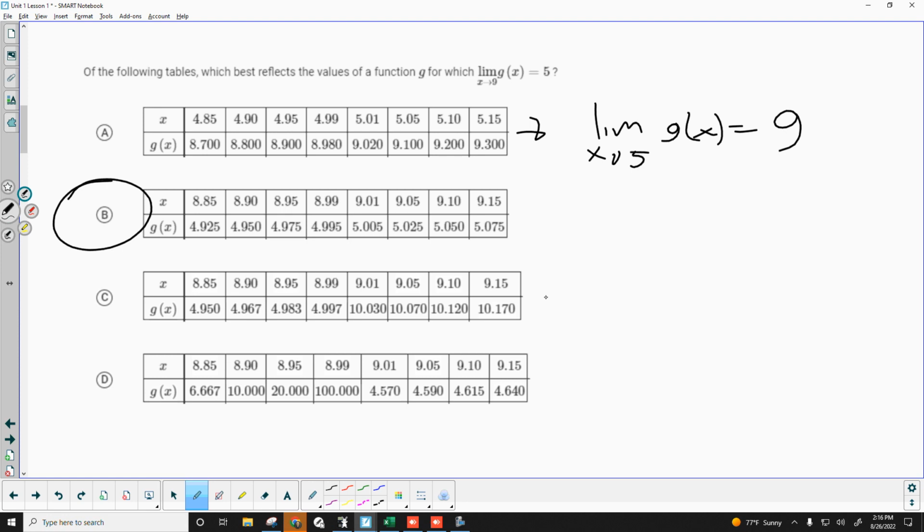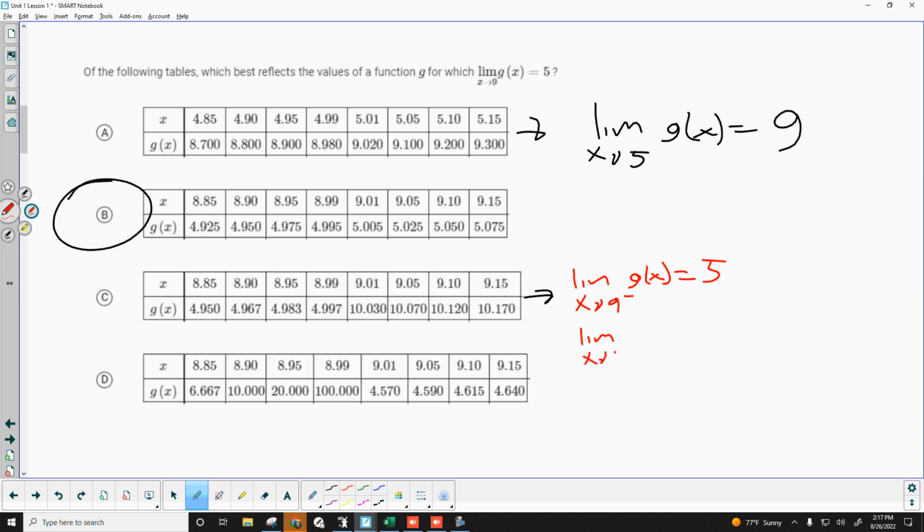What about C? What does C show you? It shows you that to the left of 9, it goes to 5.